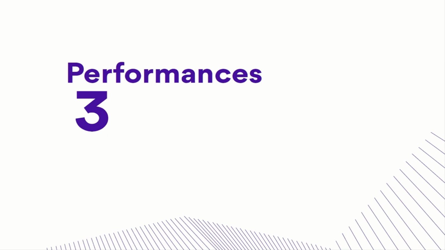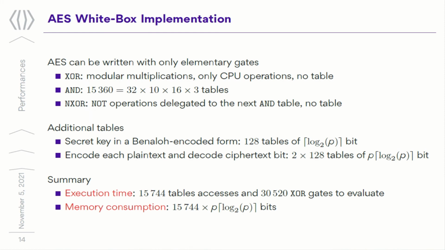And in the next part, we take a short example to see the performances of our proposal, with the AES. Indeed, the AES can be written with only elementary gates, XOR and NOT.